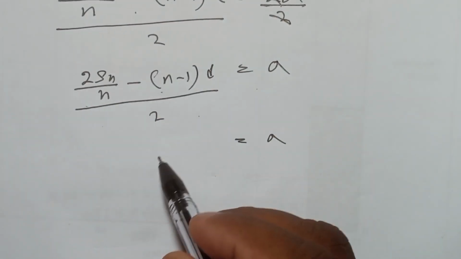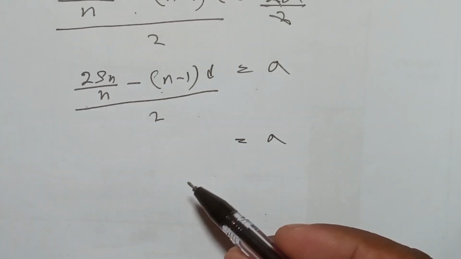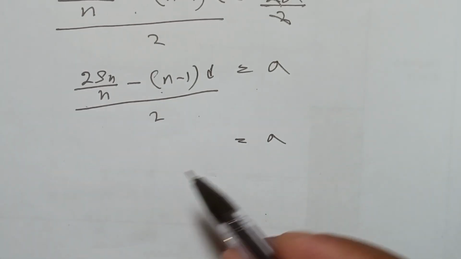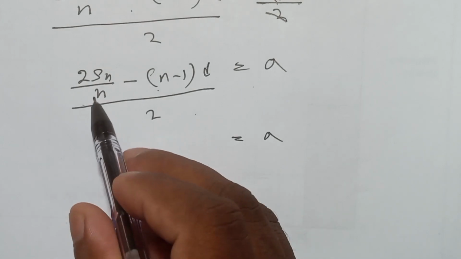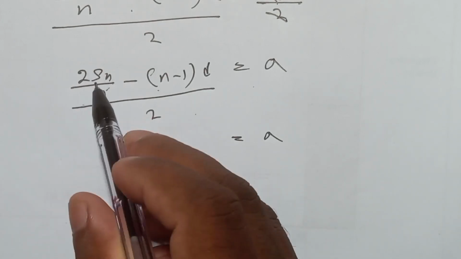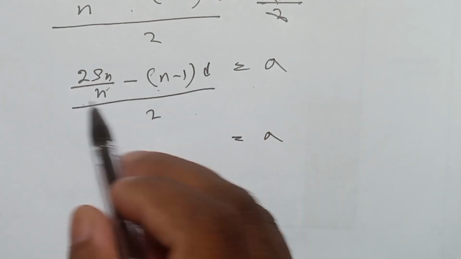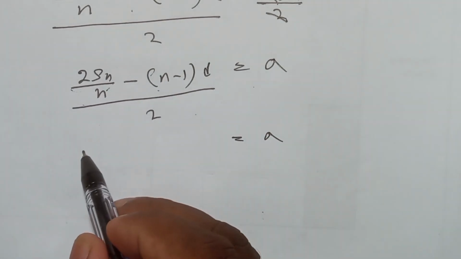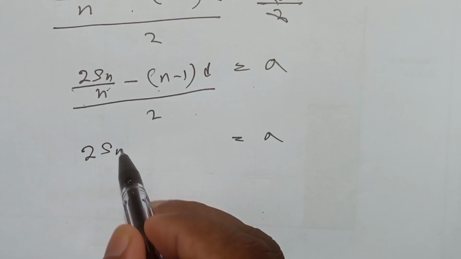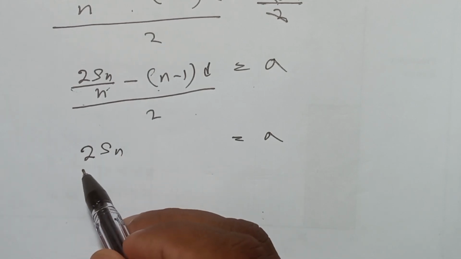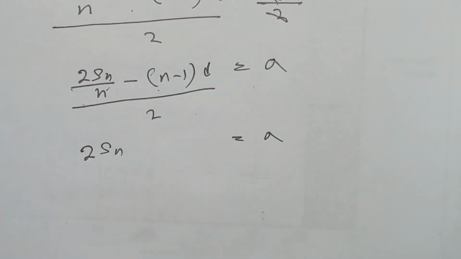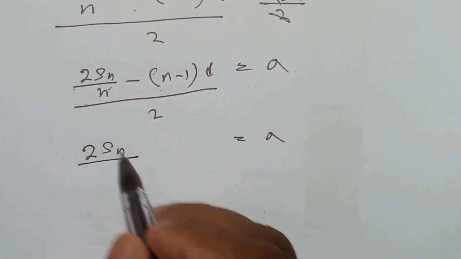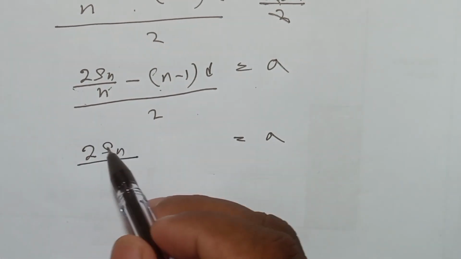Now I need to show you some steps for someone who simplifies further. This part divide by 2, this also divide by 2. That means this is divided by 2, and here already has a denominator now. So remember, when you have a fraction divided by another number, the basic idea is this denominator will have that number.